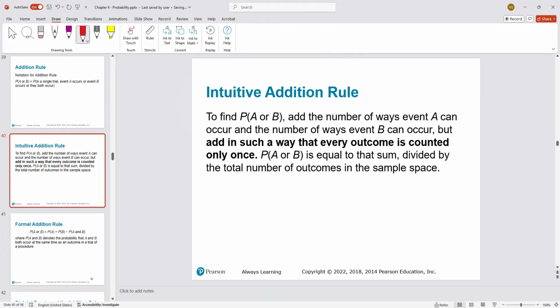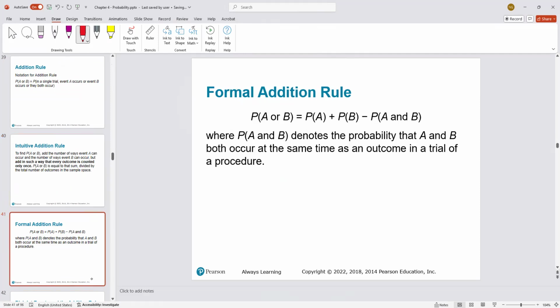To find the probability of A or B, add the number of ways event A can occur and the number of ways event B can occur, but add in such a way that every outcome is counted once. So the probability of A or B is equal to that sum divided by the total number of outcomes in the sample space.